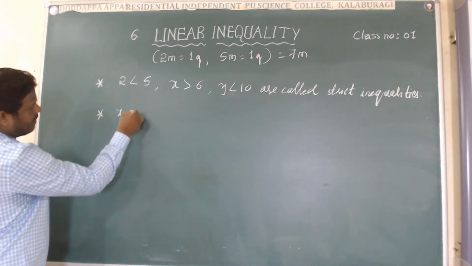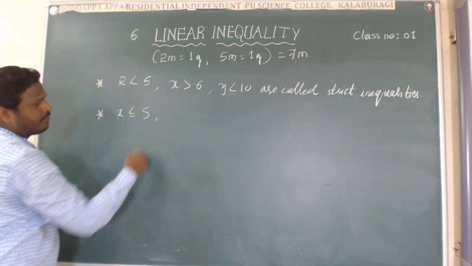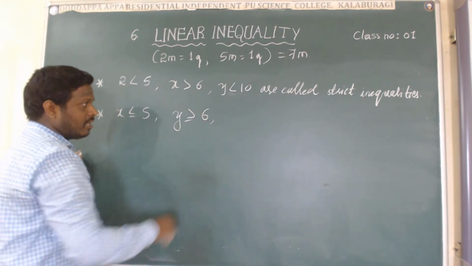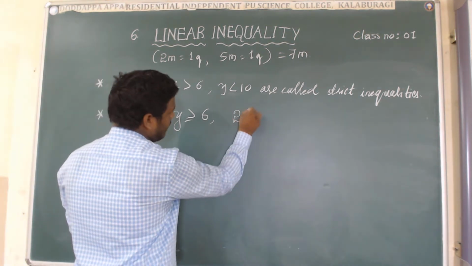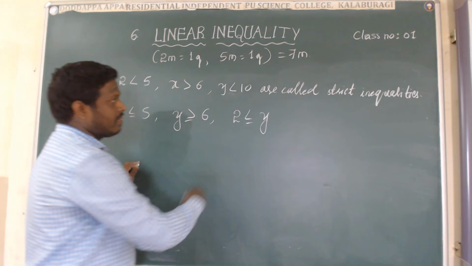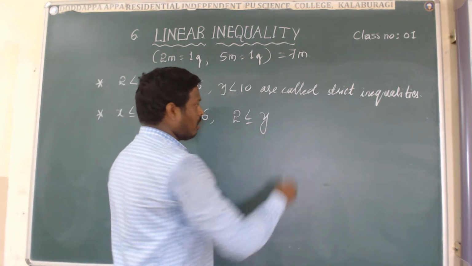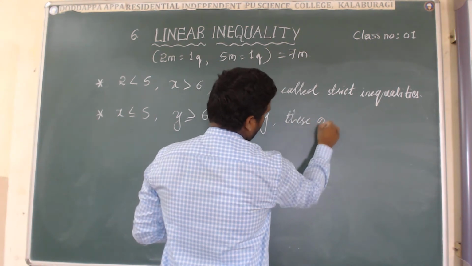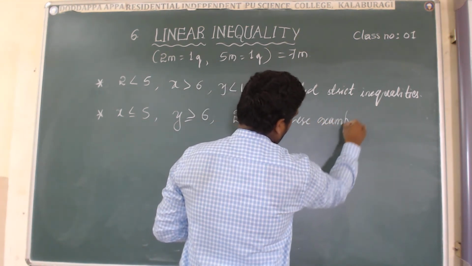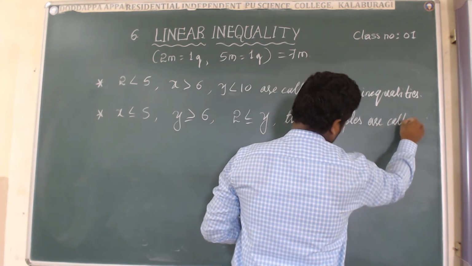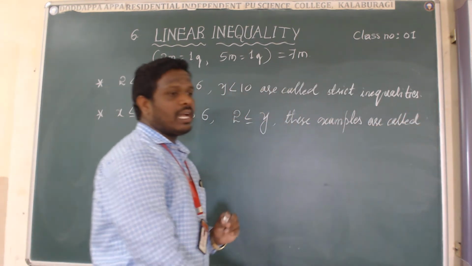The next point is x is less than or equal to 5, y is greater than or equal to 6, and 2 is less than or equal to y. These examples are called slack inequalities.